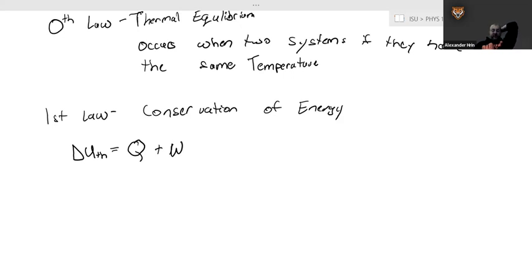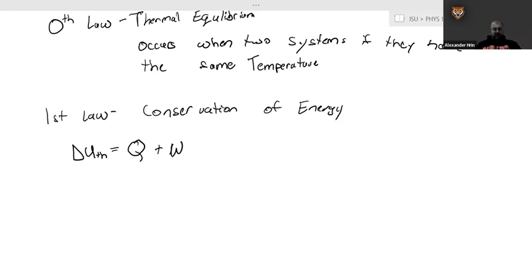You can have friction generating heat and flowing into the system. So heat is capturing a lot of phenomena. Work is something that involves changing the shape or size of a system, and positive work would increase the internal energy of a system.